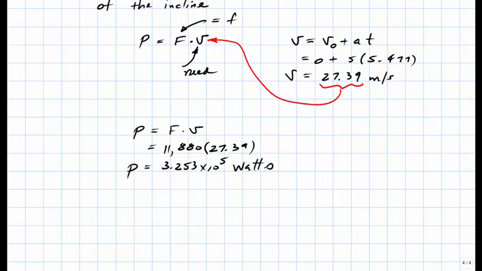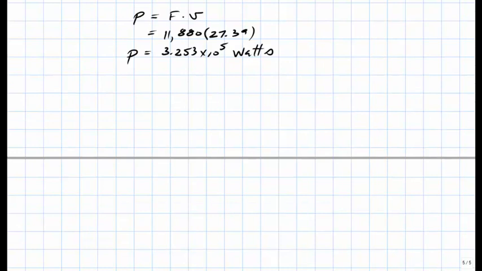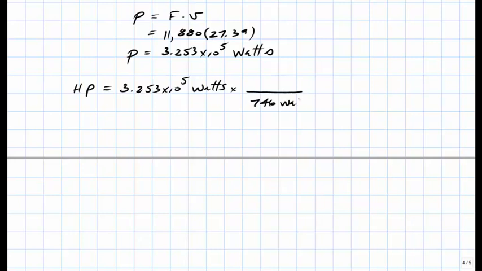We would like to express this in horsepower. We'll just apply the same procedure that we used earlier. And so to determine horsepower, we'll just take the 3.253 times 10 to the 5th watts, and we'll note also that 746 watts equals 1 horsepower.